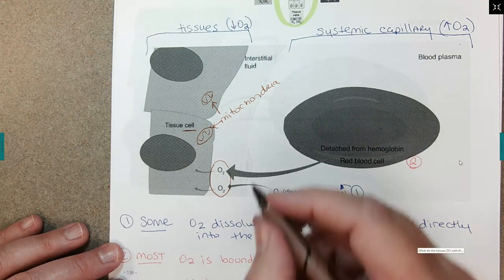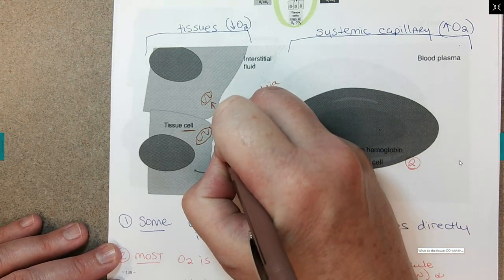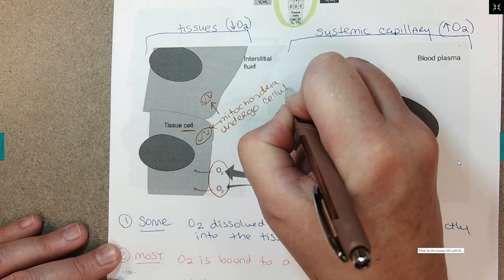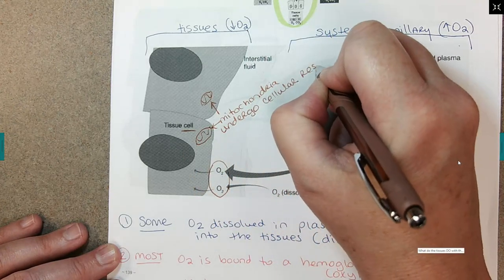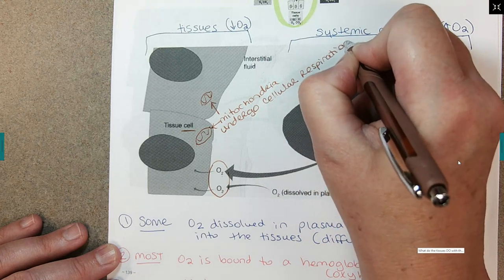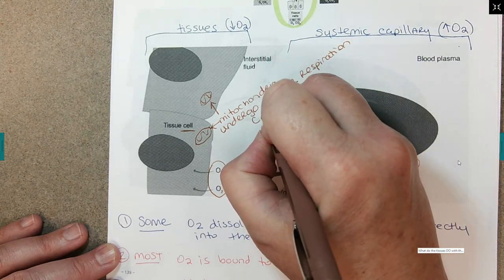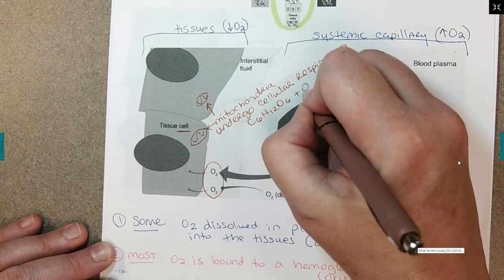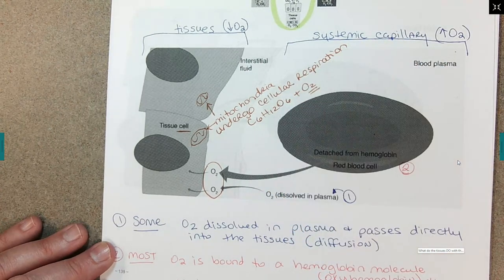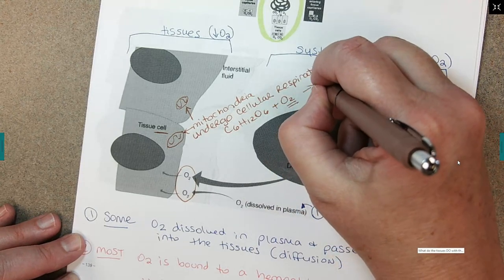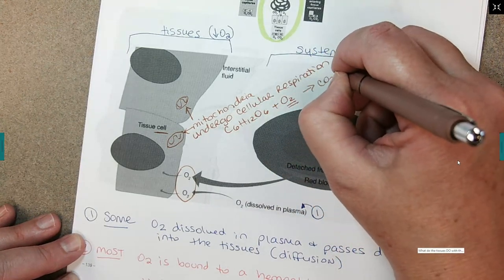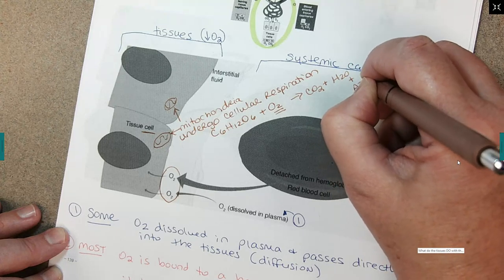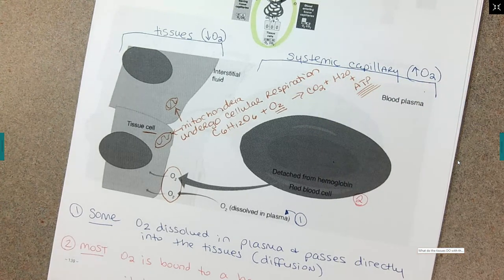And in the mitochondria, it is going to undergo cellular respiration. So it's going to take sugar, C6H12O6, glucose specifically, plus that oxygen gas that just arrived, and convert that into waste products, carbon dioxide plus water, plus ATP, that form of energy.